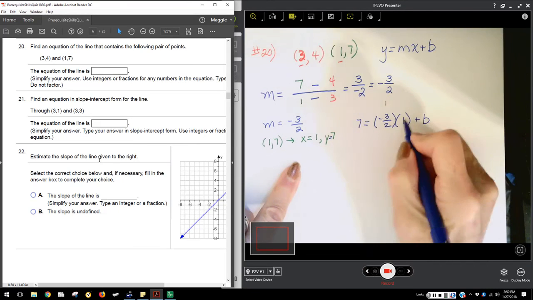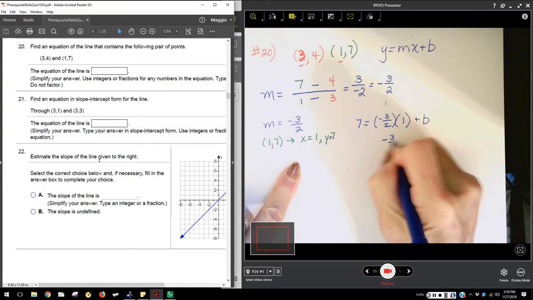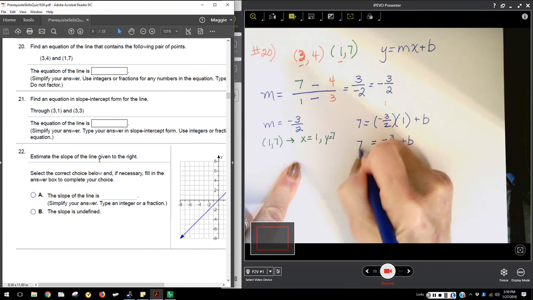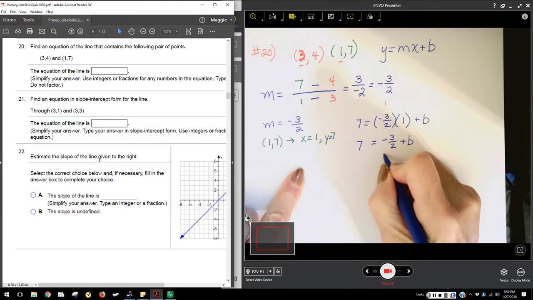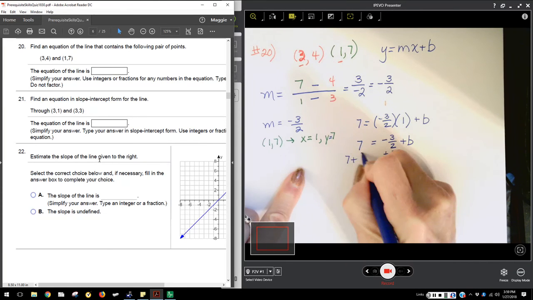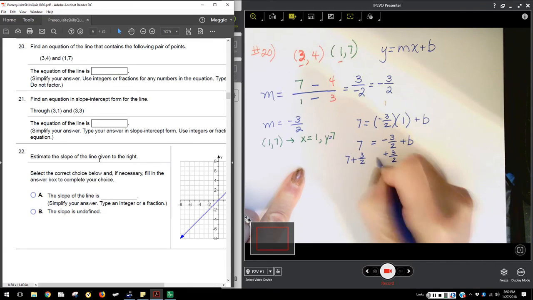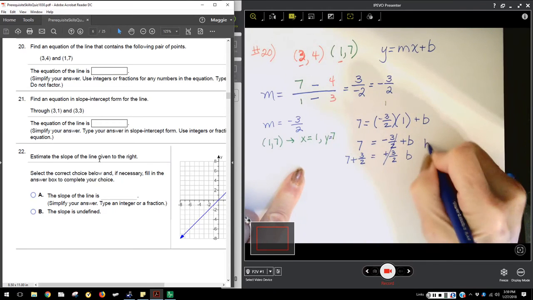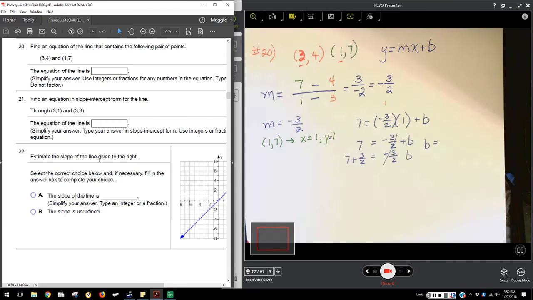Negative 3 halves times 1 is negative 3 halves, plus b. 7's on the other side. Let's add 3 halves. And that tells me that b is equal to 7 plus 3 halves.